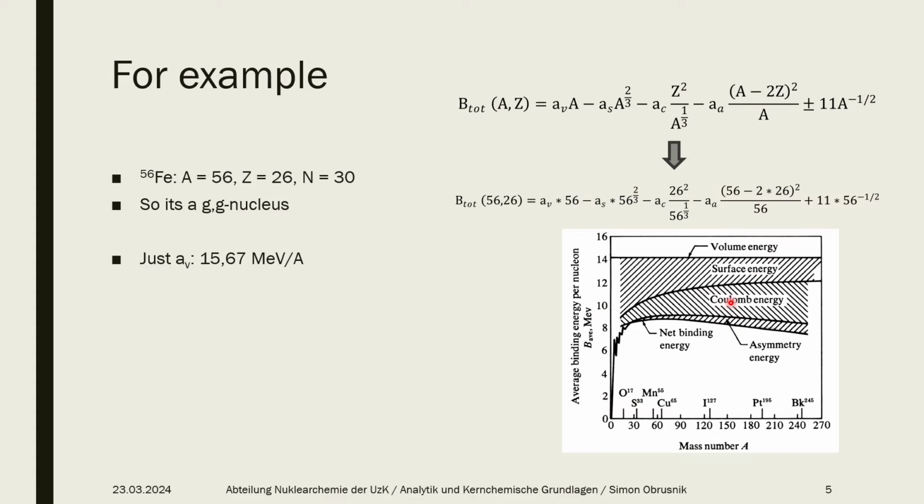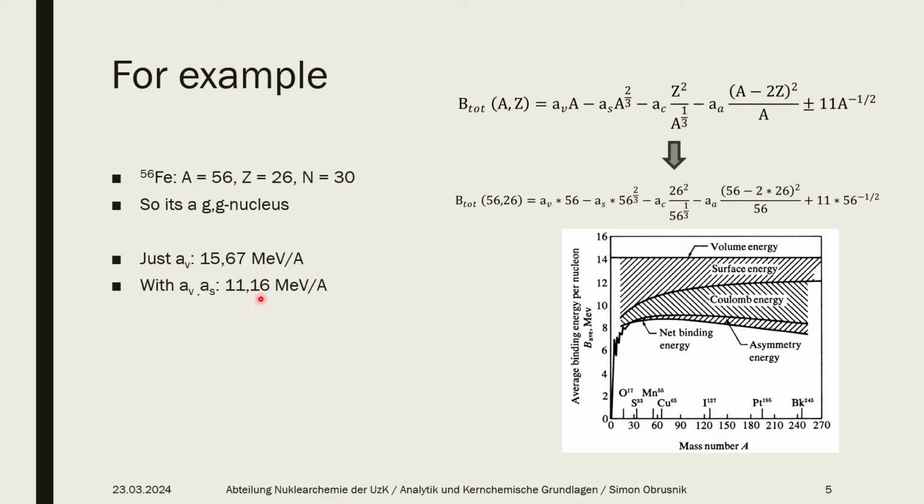This picture is quite handy if you want to check whether your calculations go in the right direction. For iron, we are at the mass number of 56, so about here. And if we just look at the volume energy or volume term, we get a value that is above 14, so 15.67. If we pay attention to the surface term, it corrects it down to 11.16.